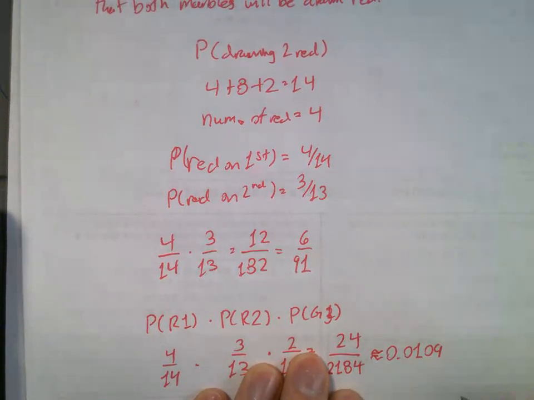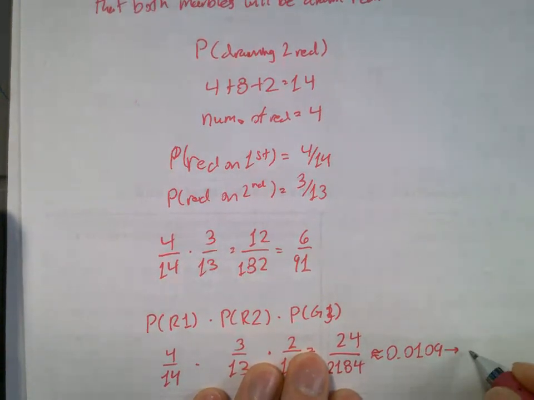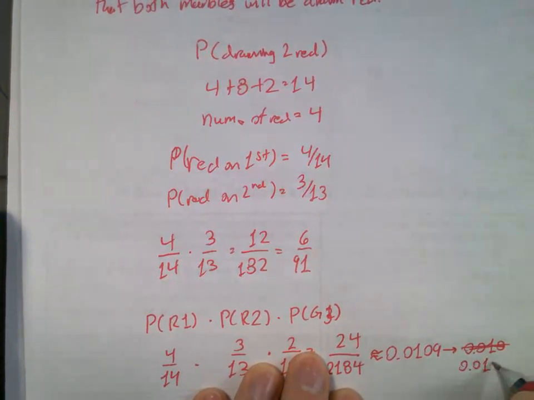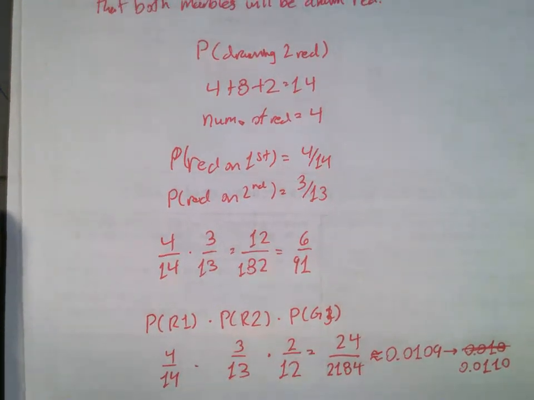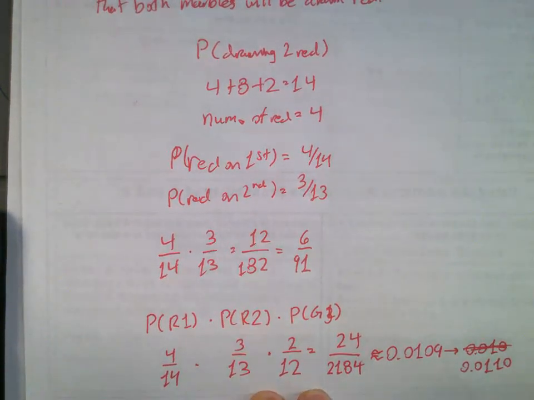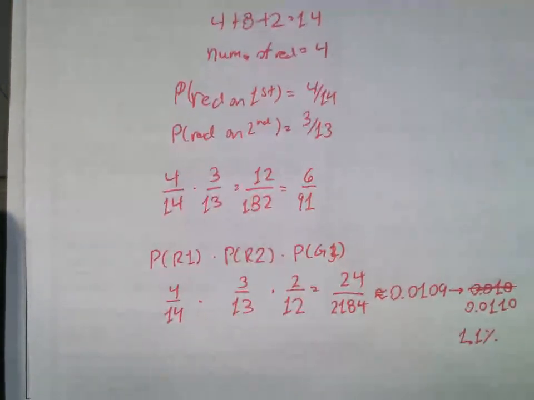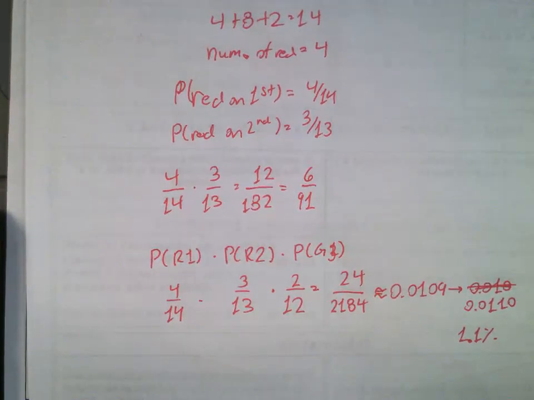I'm going to do a squiggly here and round it, which actually is going to round to 0.0110, which, if we just multiply that by 100, we should get roughly 1.1%. So I just cut my odds down a ton from 6.6 to 1.1 because now I'm trying to get a green. Okay? You can see how this really can get interesting in terms of playing certain games and how you can rig the system.